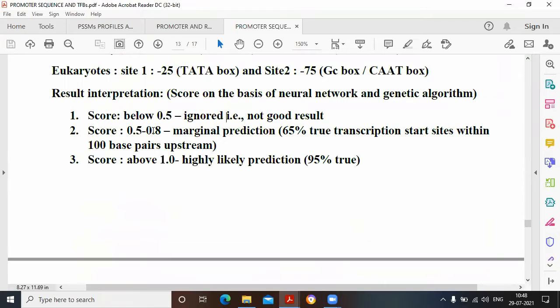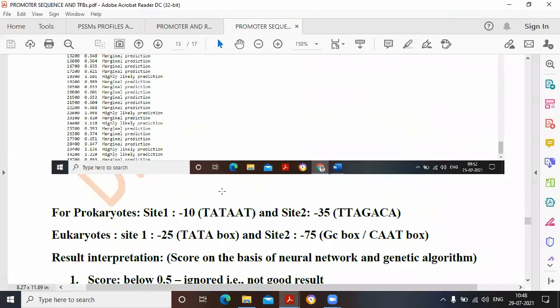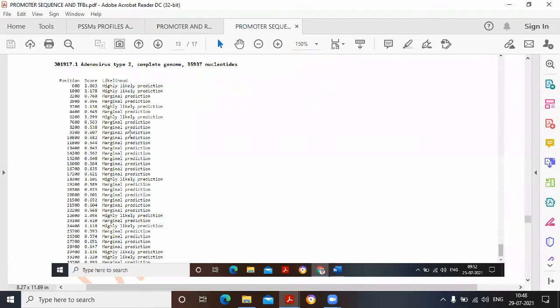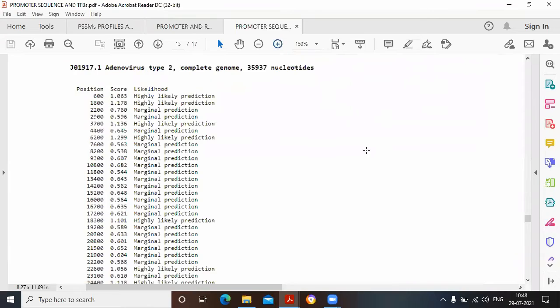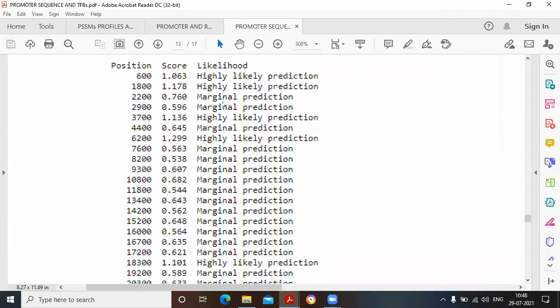If the score is between 0.5 and 0.8, that is a marginal prediction. Marginal prediction means the software is able to determine almost 65% of the true transcriptional start sites out of 100 base pairs of the upstream. So we can select this part, and it will be written marginal prediction. You can see here marginal prediction mentioned, and highly likely prediction mentioned.